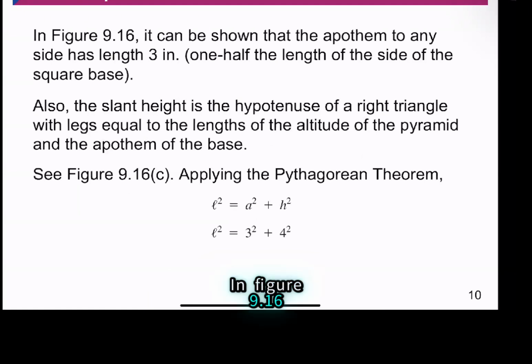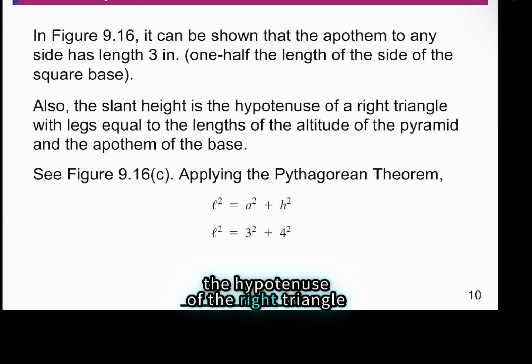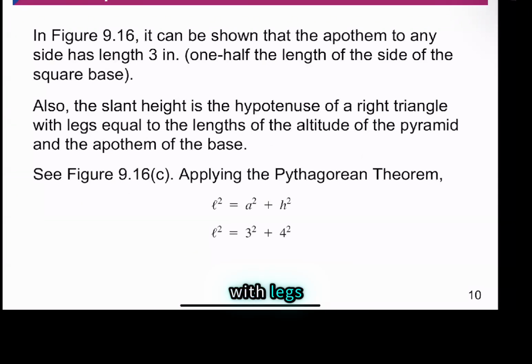In figure 9.16, it can be shown that the apothem to any side has a length of 3 inches, 1/2 the length of the side of the square base. Also, the slant height is the hypotenuse of the right triangle with legs equal to the length of the altitude of the pyramid and the apothem of the base.